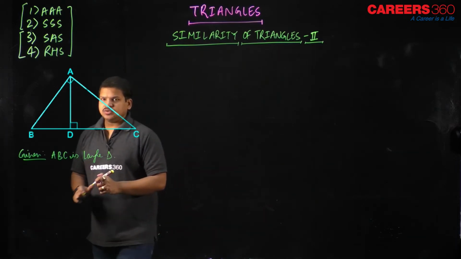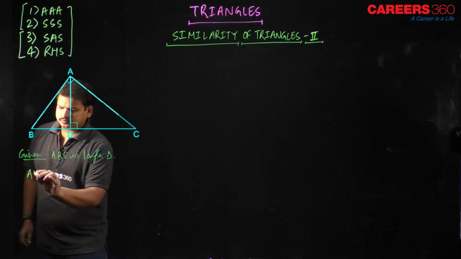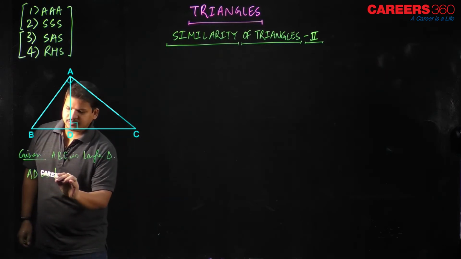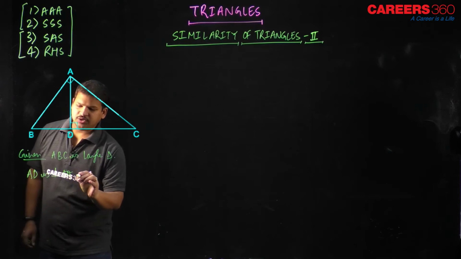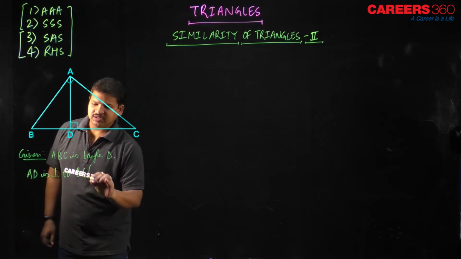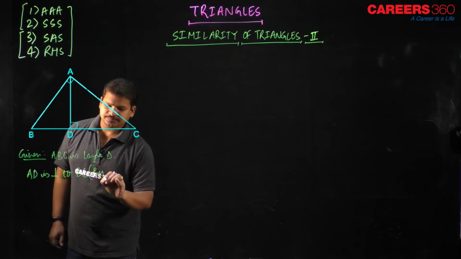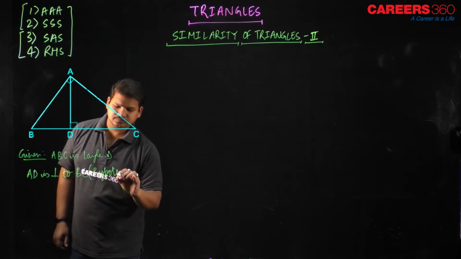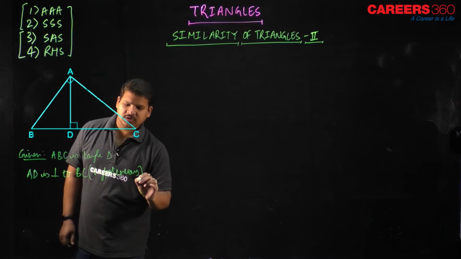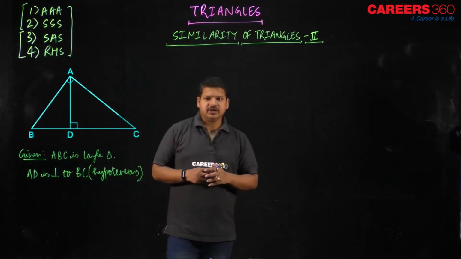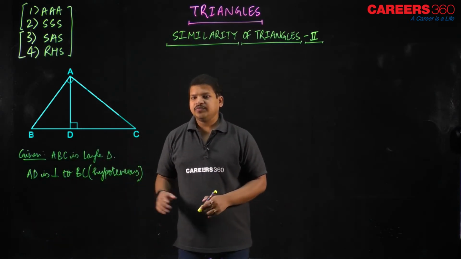AD is perpendicular to BC. BC is nothing but the hypotenuse, so AD is perpendicular to the hypotenuse.